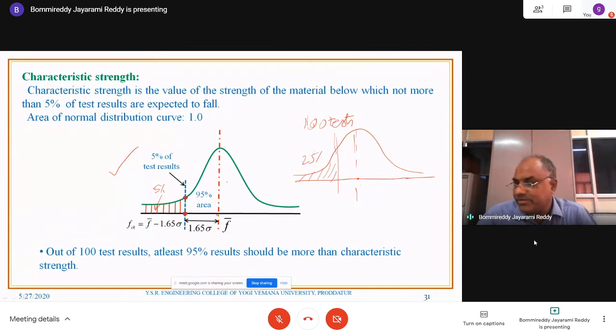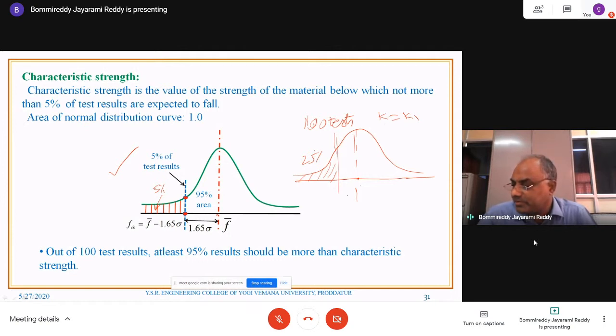But for examination purposes, assume that the characteristic strength will be a strength below which not more than 25% of the test results are expected to fall. And he may give some k value, say k1, maybe 1.23 or so. We do not know the exact value.